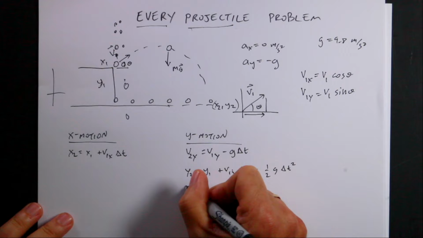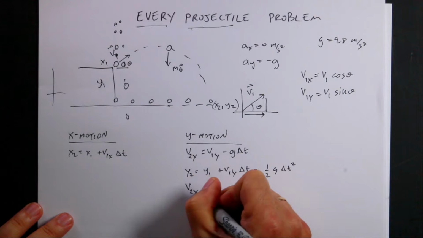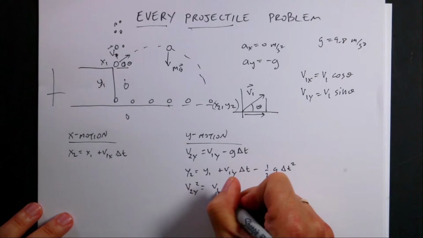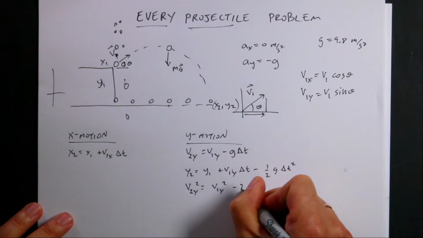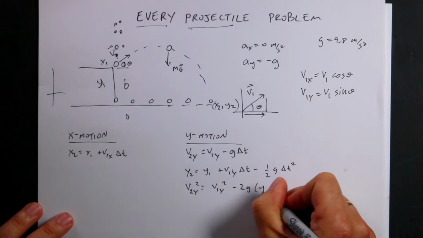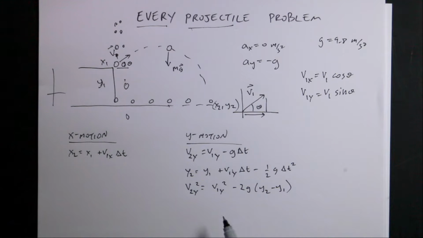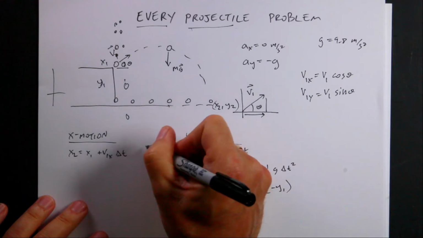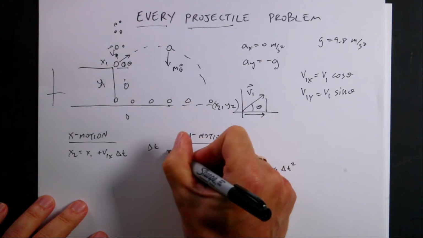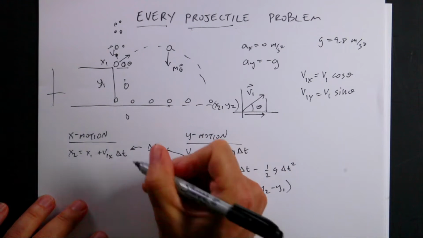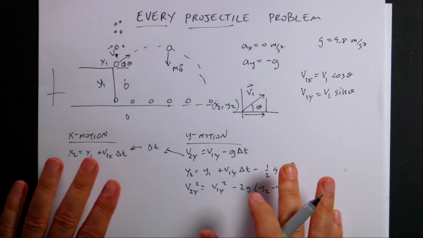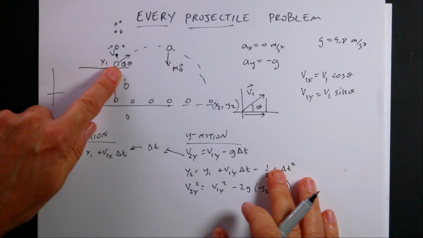And then finally, I have this one, v2y squared equals v1y squared minus 2g times (y2 minus y1). This isn't used that much because mostly what we do is find delta t here and then use it over there.